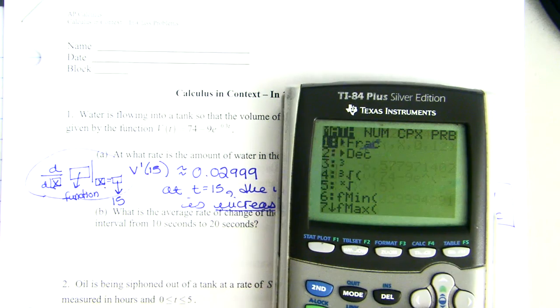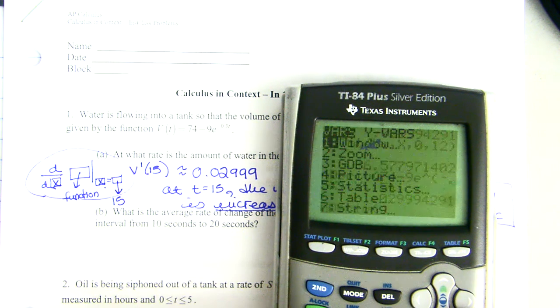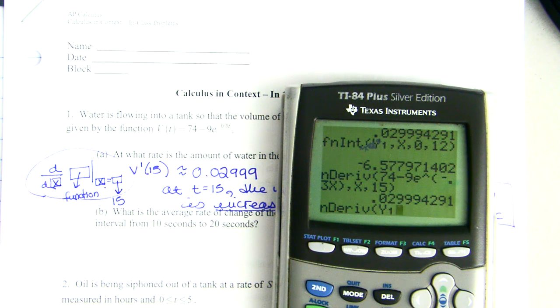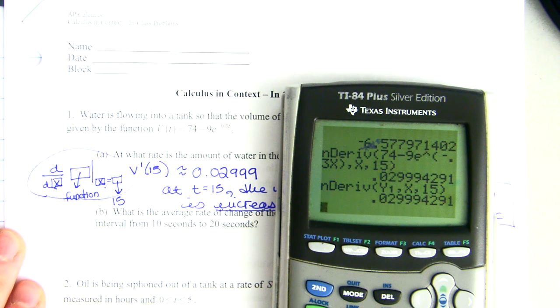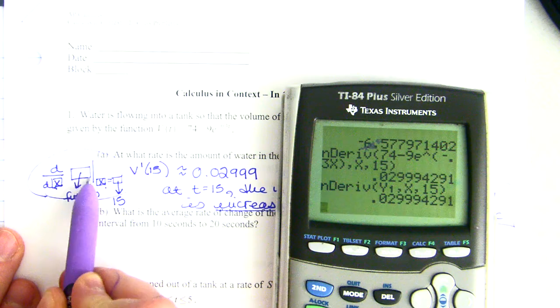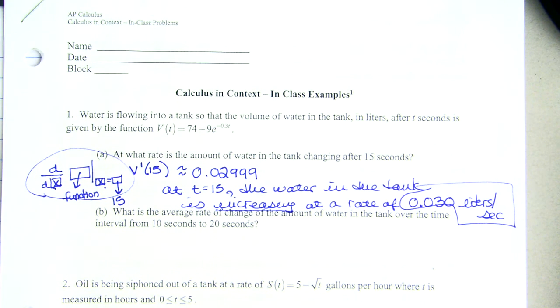Then when I go to do my nDeriv, I can push variables, go over to y variables, select function and select the name for y1. Especially if we have to use a function over and over, I think this will be particularly helpful. nDeriv y1 comma x comma 15, or if you use this notation, you're just going to select the name for y1 in there. My derivative is 0.030 liters per second.